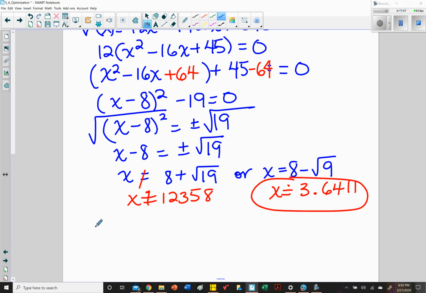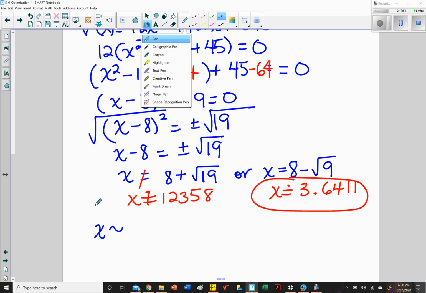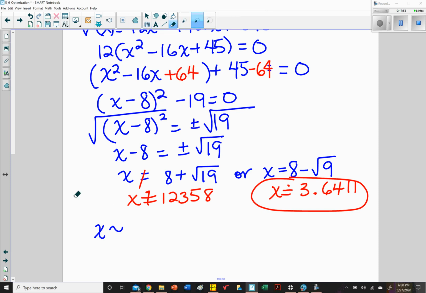And we know exactly actually, that the measurement has to be 8 minus the square root of 19.